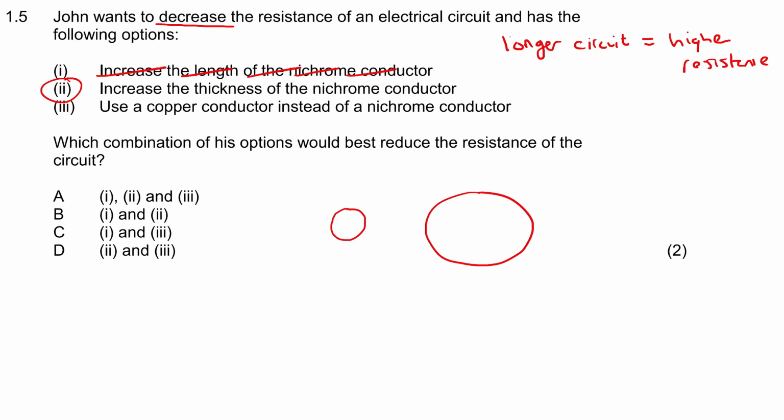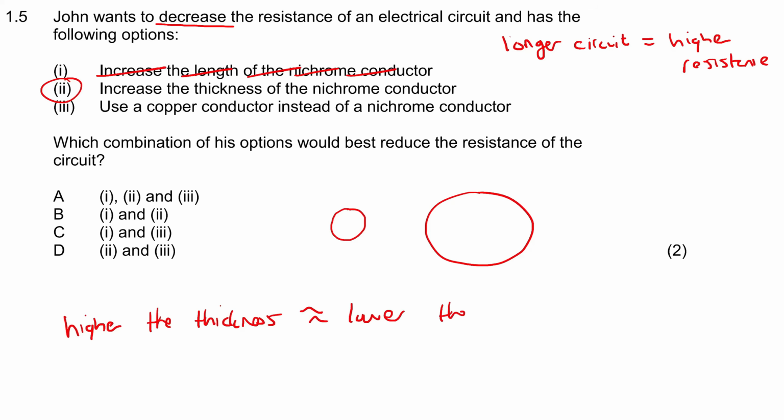So what you should understand is that the more space you give these electrons, so now they have all of this space to flow, the easier it will be for those electrons to flow. So the higher the thickness, the lower the resistance.